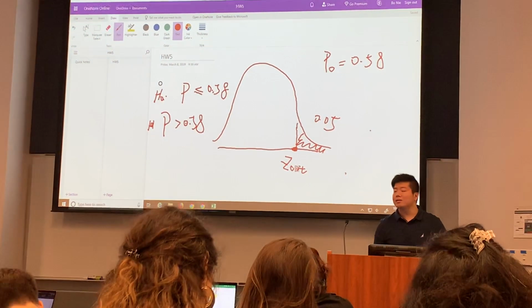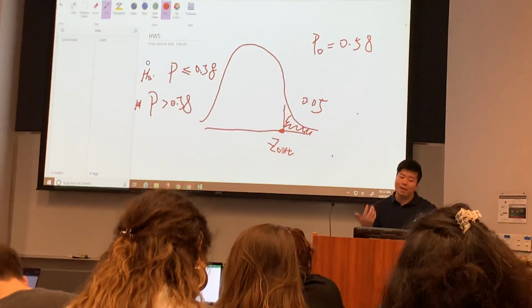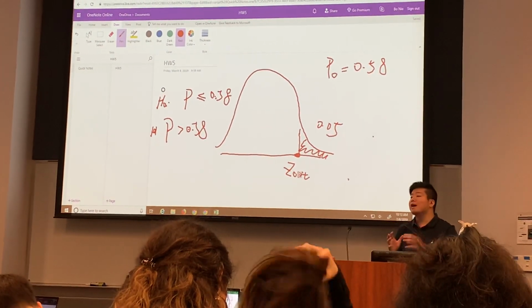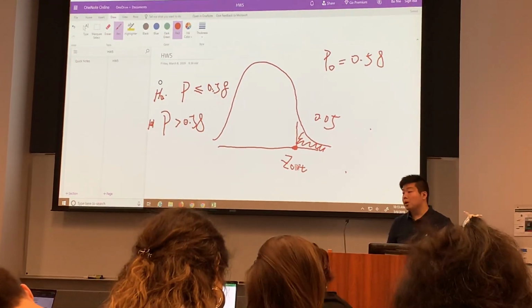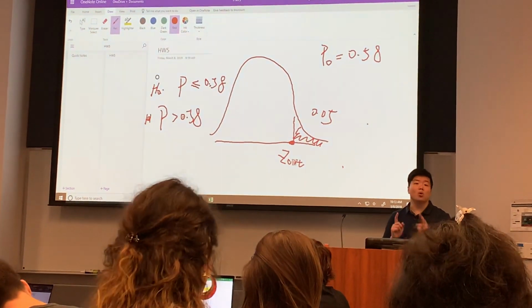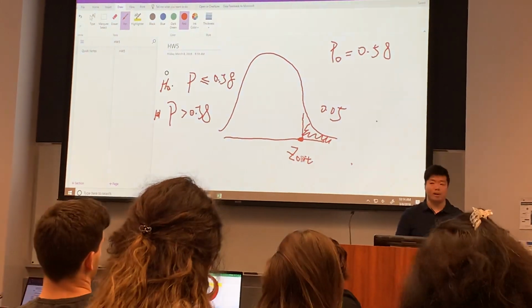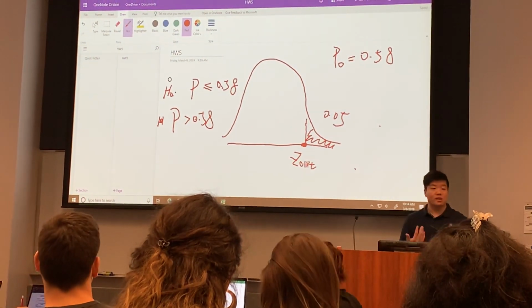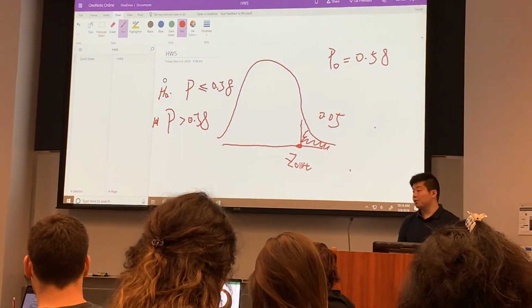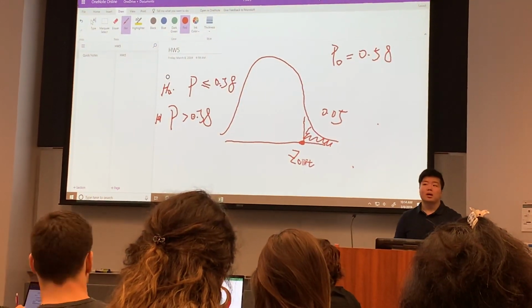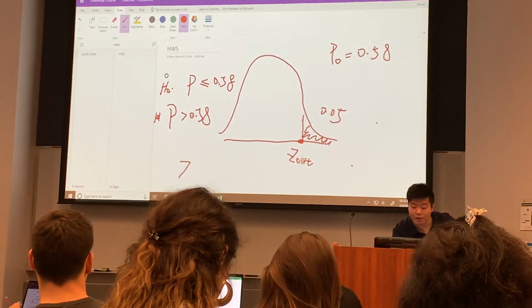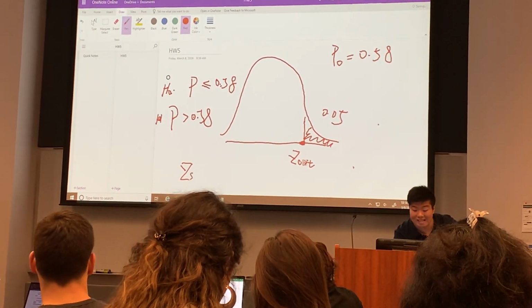This value is only based on alpha. If alpha is 0.05, then my Z crit is always there. It won't change. And you probably know that we have another number which is called Z stat.